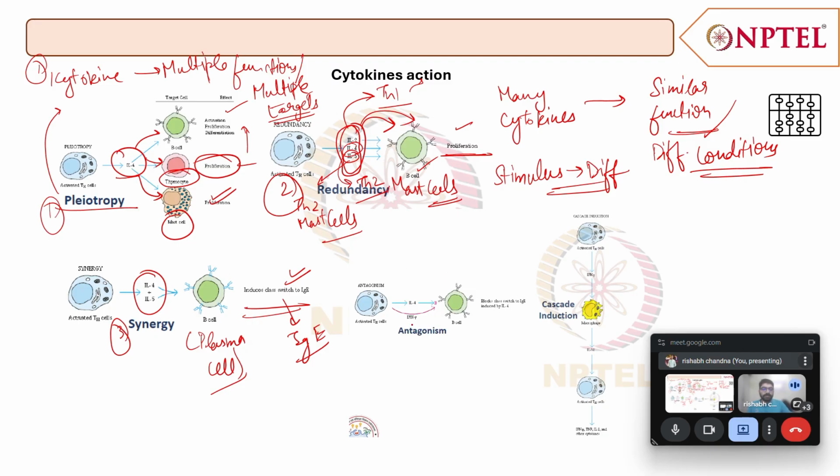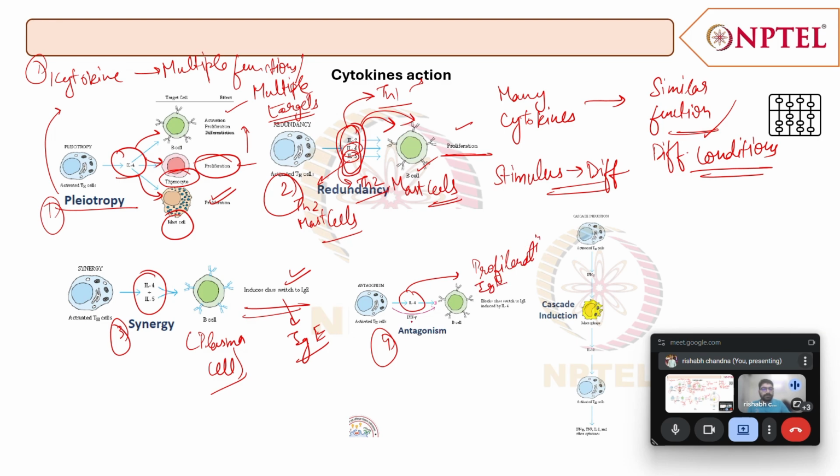Now we have another one, that is antagonism. So antagonism means there can be some cytokines that can function in opposite manner. For example, here IL-4 increases the proliferation and class switching to IgE.